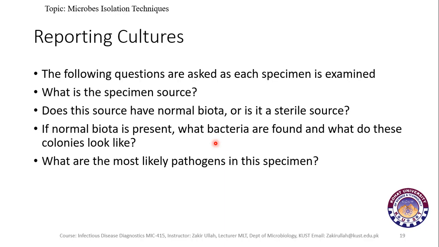What are the most likely pathogens that may be present in these specimens? For example, if this specimen is from the nasopharyngeal area, then what are the normal microbiota present, and what are the suspected pathogens which can cause infection in this site?